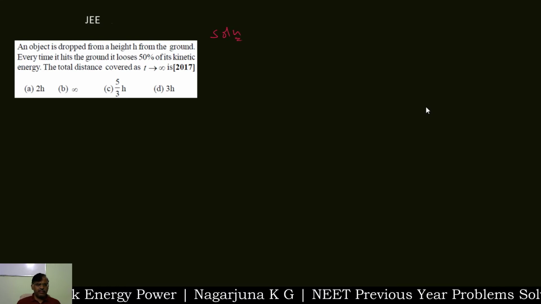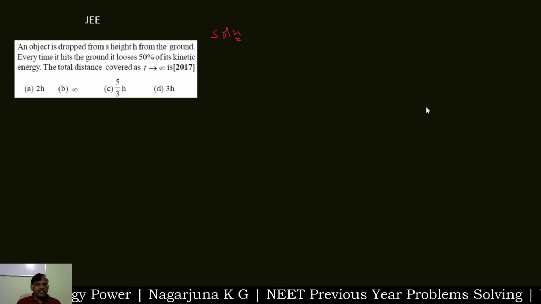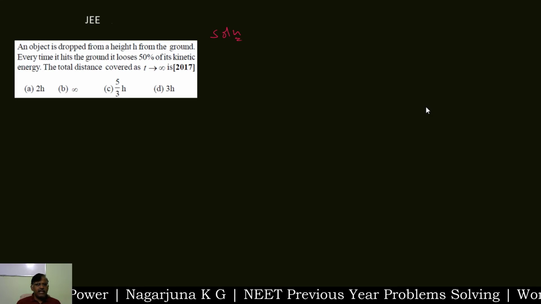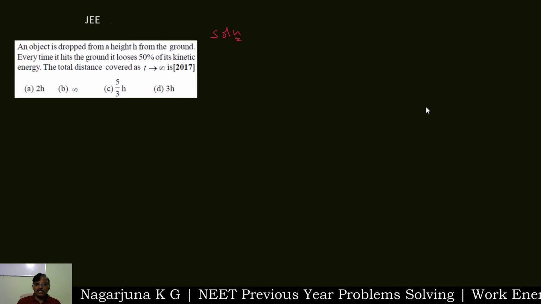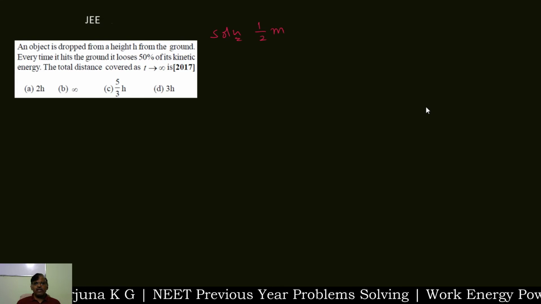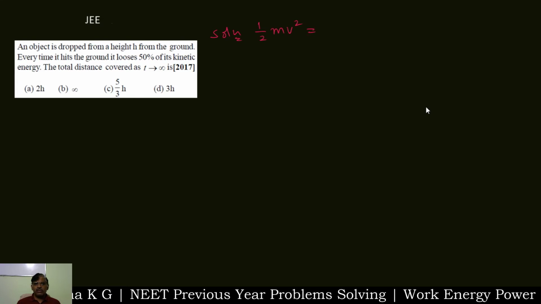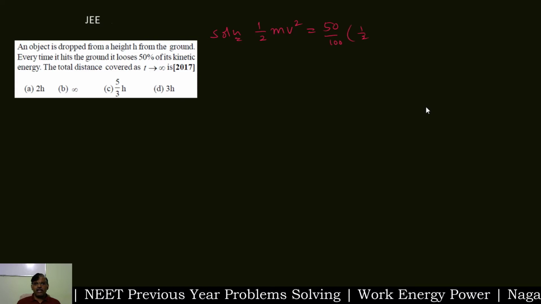The solution here. Every time it hits the ground, it loses 50% of its kinetic energy. That is, the final kinetic energy half mv squared is equal to 50% of the initial kinetic energy.